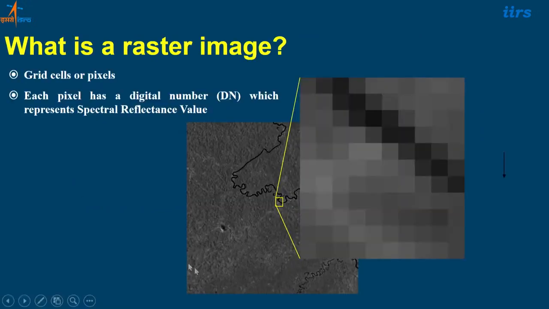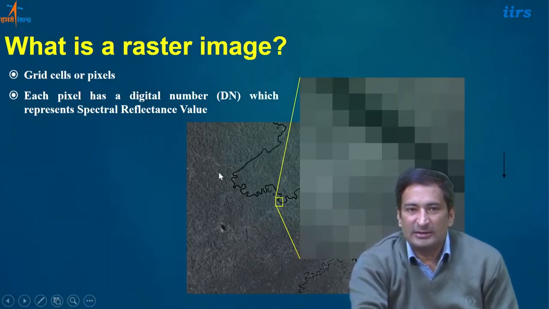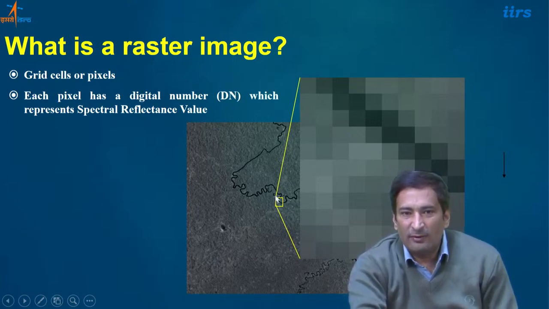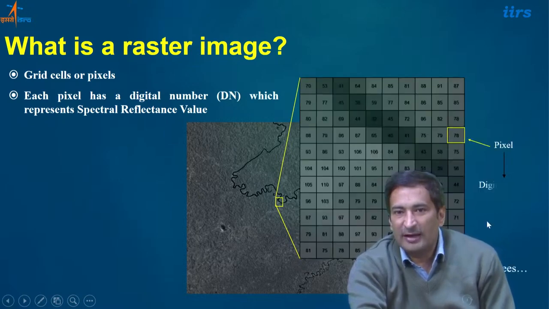Now if we go into more detail about how a satellite image looks, we also talked about grids or cells, the actual image basically. You can see here this is one satellite image, I am showing it over here in black and white. Now if you zoom into one portion, it will give you a series of pixels. Now what are these pixels? If I take one particular pixel over here, this pixel will have some digital numbers.